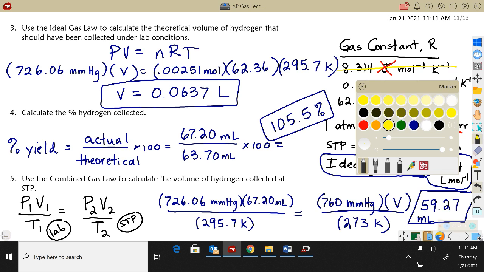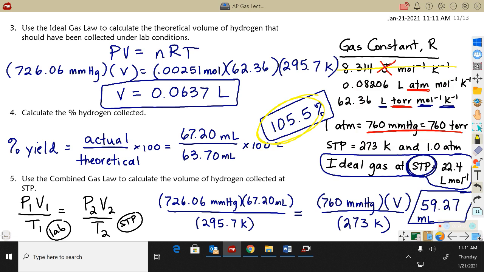This was probably a little bit high, which then I used down here. So if that was a little high, my new volume at STP was probably a little bit too high.